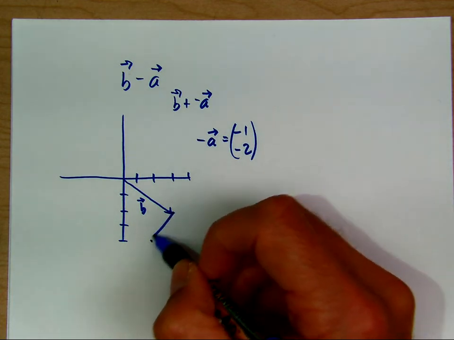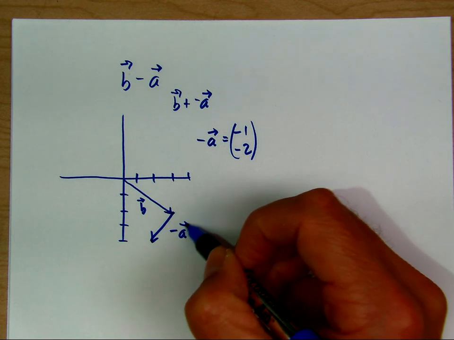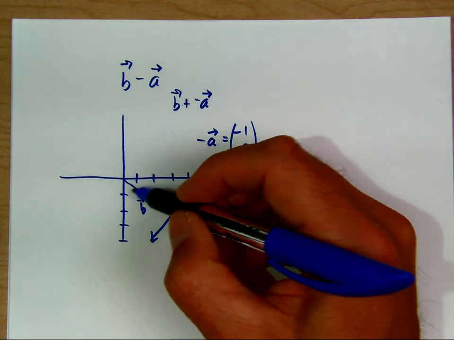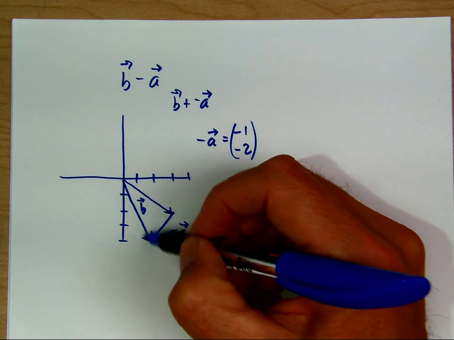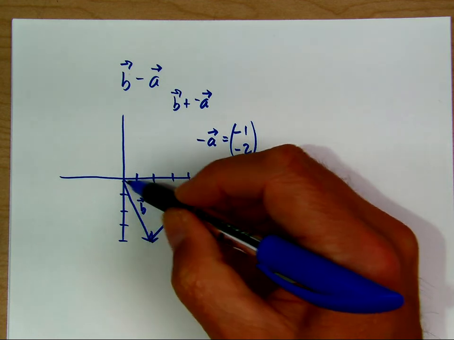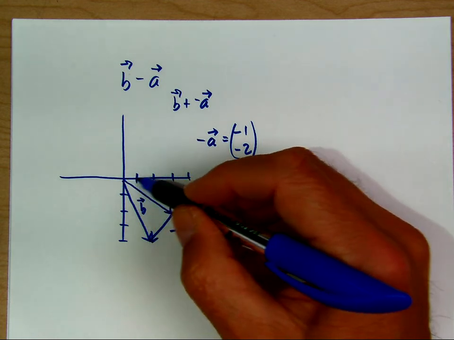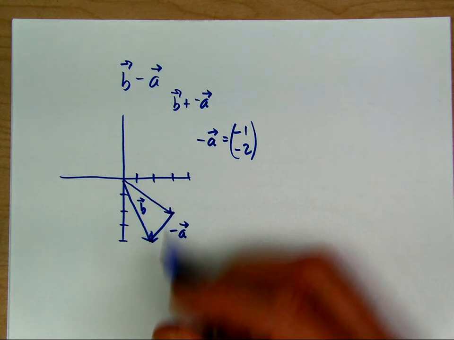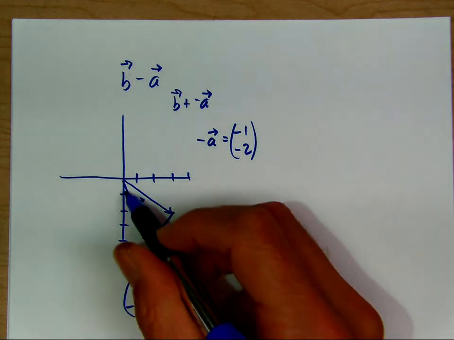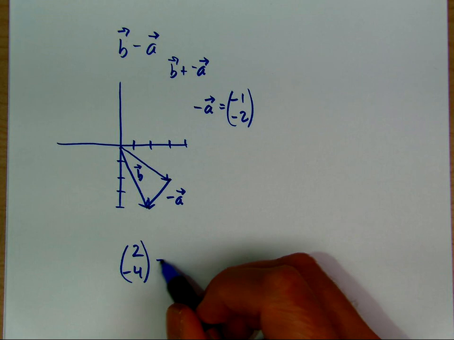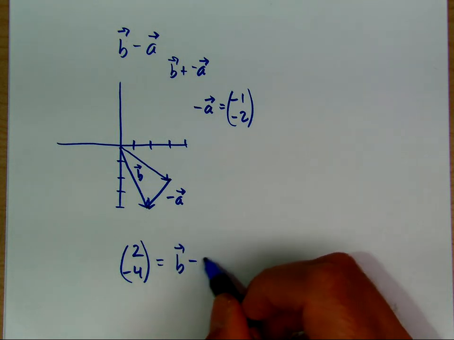That is negative A, and the resultant is right here. So we can read the components of the resultant by just counting spaces. Over 2, down 4. So we're going to get 2, negative 4 for the resultant, and we know that's going to be B minus A.